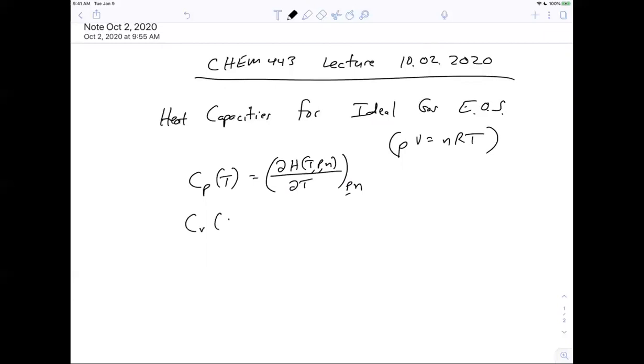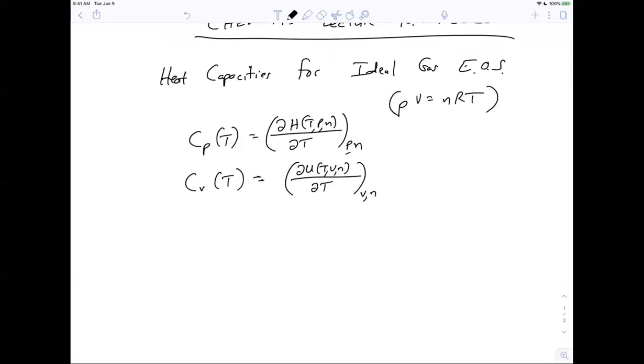And we saw that Cv, the constant volume heat capacity, is again the same thing. It's a partial derivative with respect to temperature, but in this case of U, the energy of the system, with respect to temperature at constant volume. Okay? And these are the most general. So these expressions are general.